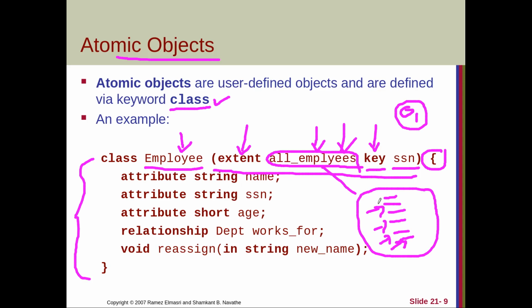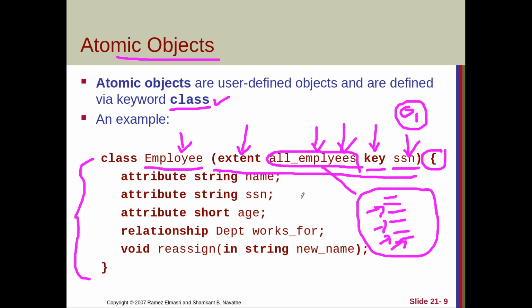Key attribute means primary key, as in a relational database system. From among the properties available within class employee, this SSN will be considered the primary key.